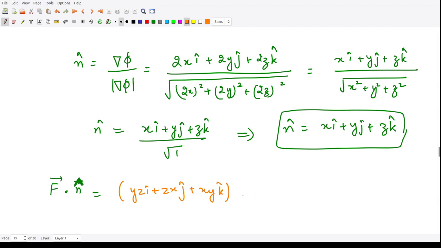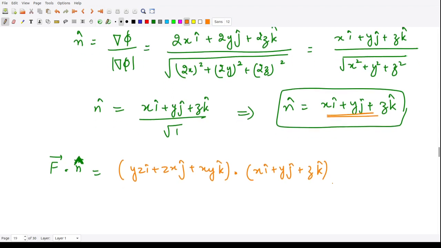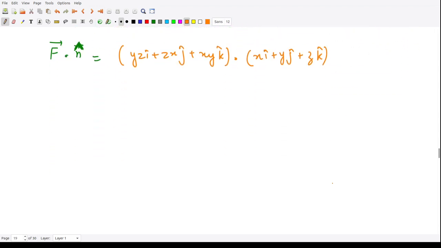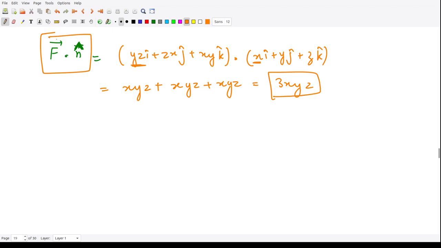This is vector F dot with this vector n, which is x i cap plus y j cap plus z k cap. You know how to take this dot product: multiply corresponding terms. So you have xyz plus xyz plus xyz, which is equal to 3xyz. This is the quantity vector F dot with unit vector n, right?